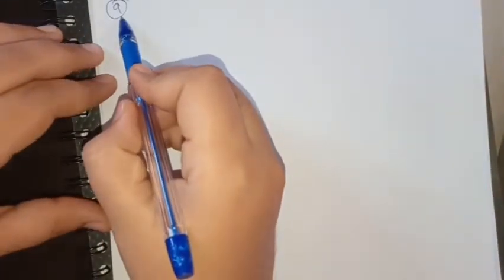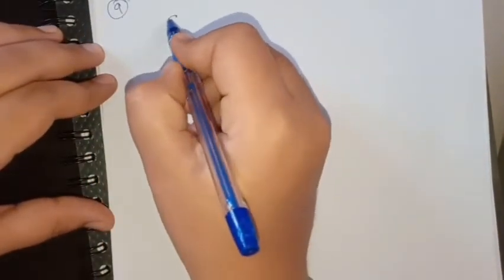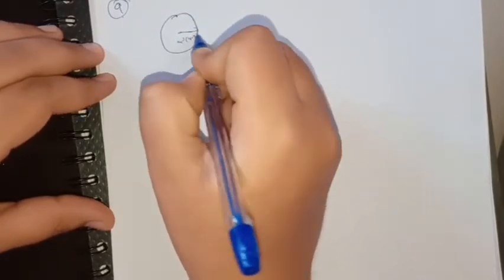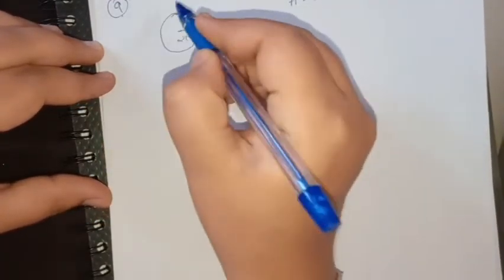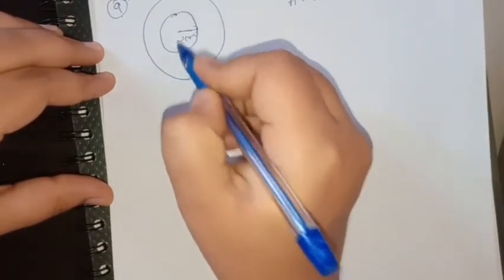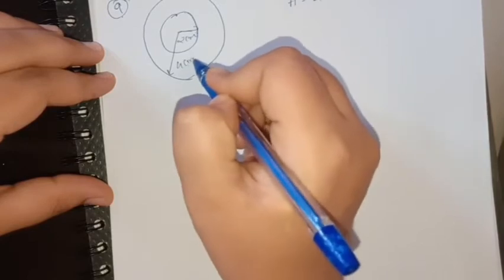In question number 9, it is given that a metallic ring of radius 2 cm and area of cross section 4 cm square is fitted into a wooden circular disc of radius 4 cm.